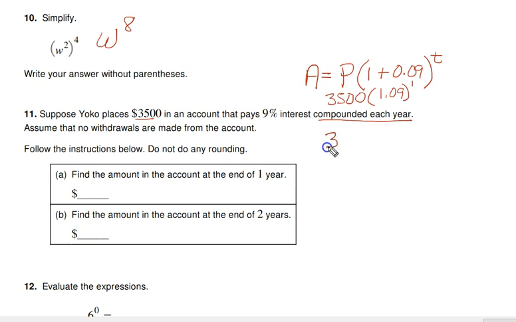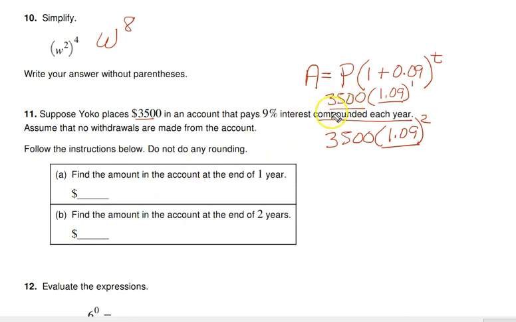And then 3,500. This is the same. But now we're going to square this, because it's 2 years. So the deal would be you do this part first, then multiply it by this. Since this is the first, it's just going to be this times this.